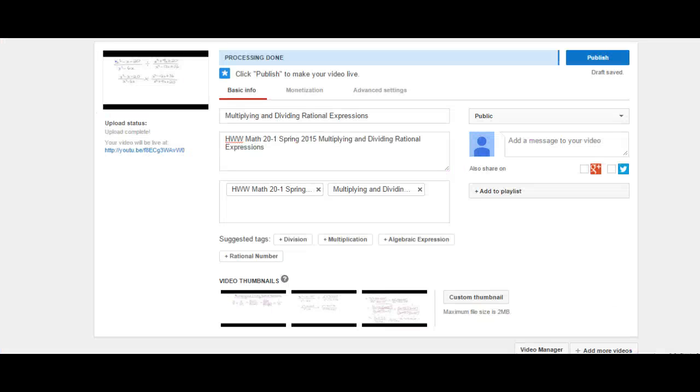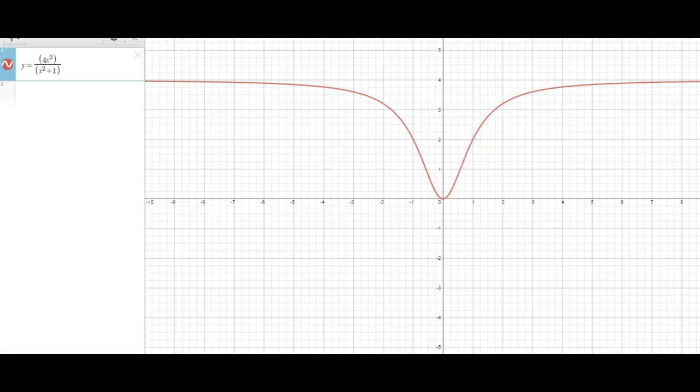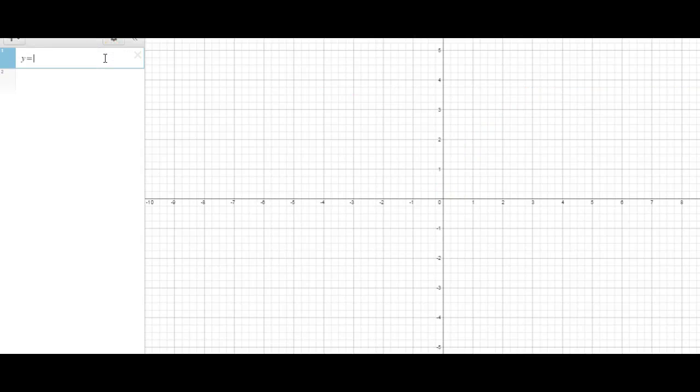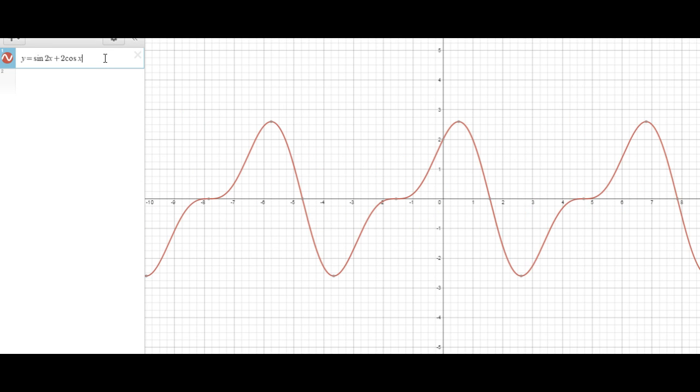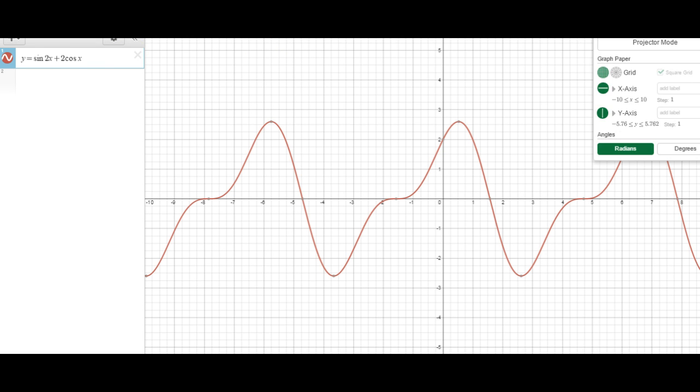Okay, so let's graph it and see. That's not the right thing. Why does it never switch? Okay, what were we looking for? Sine 2x plus 2 cos x. Oh, there it is. Okay, let's take a look.